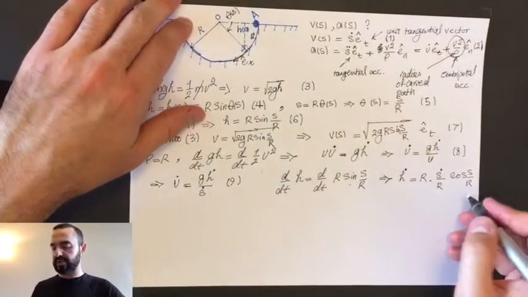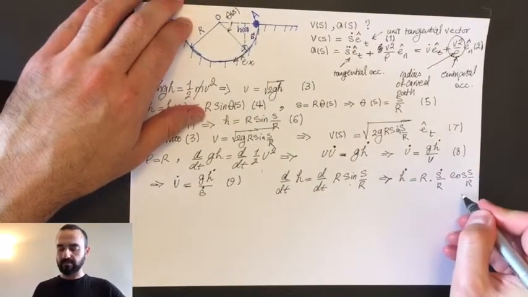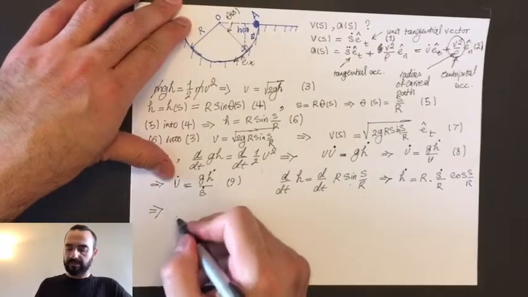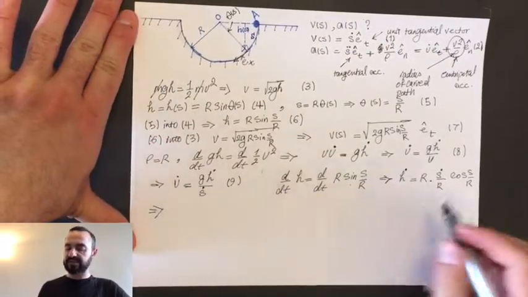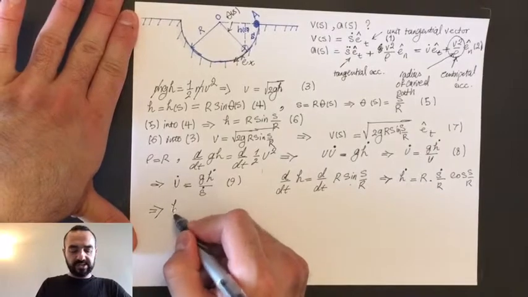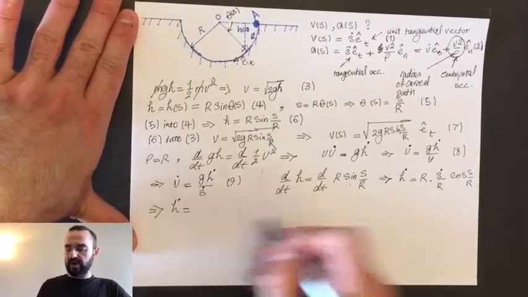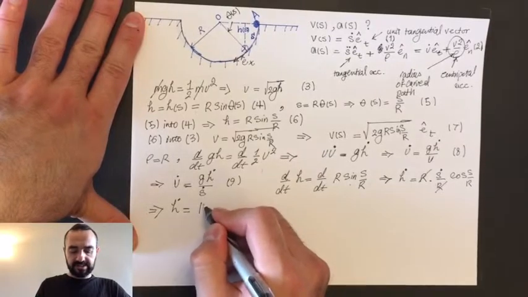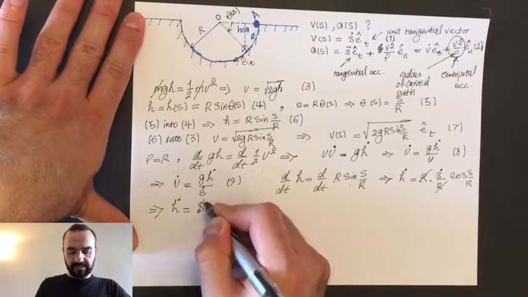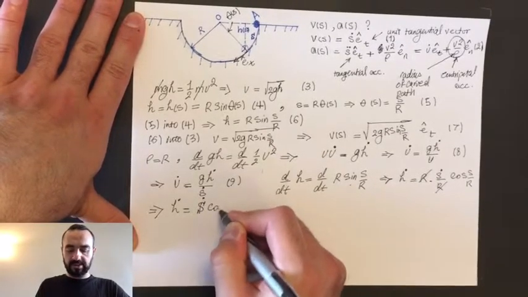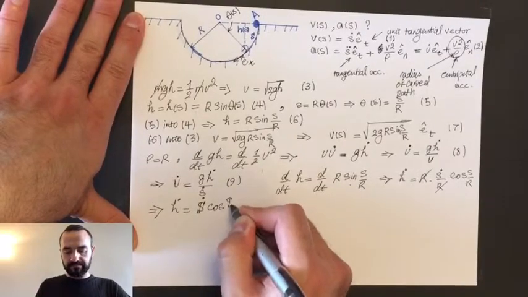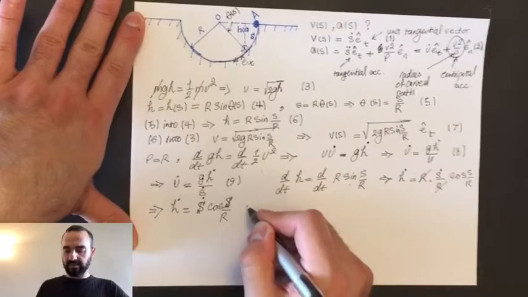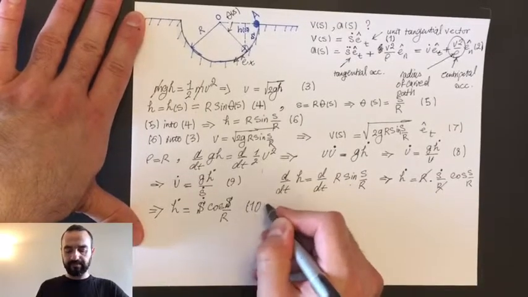Again, a simple differential equation. This gives us h dot equal to, r cancels with r, s dot cosine s over r. This is equation 10.